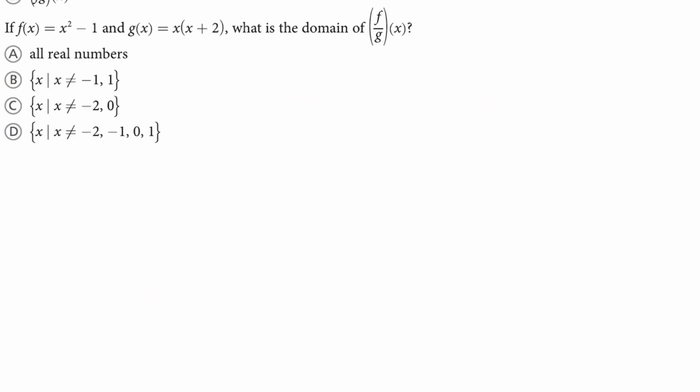If f is this thing, g is some other function, what is the domain of f over g? First, what is domain? Domain means what values of x can make the function defined or undefined. Find all the x values which make the function defined or undefined. To find the defined values, there are a lot of values, so better to find the undefined values.